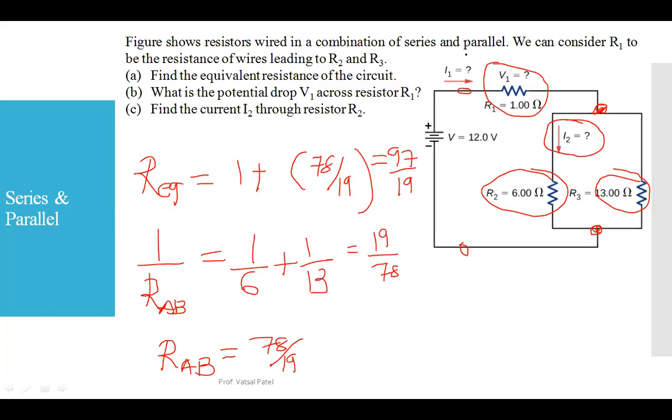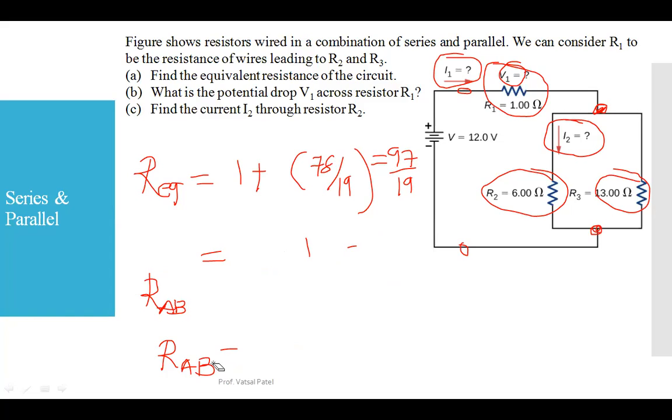Now, can you identify the total current over here, because you want to identify the V1? Just a minute. So total current I1 is equal to the voltage divided by R equivalent.